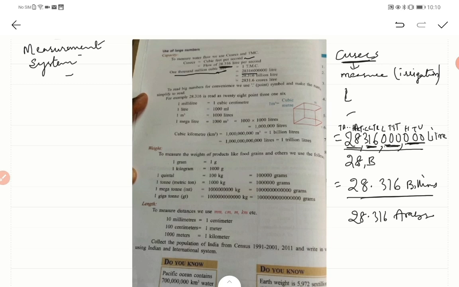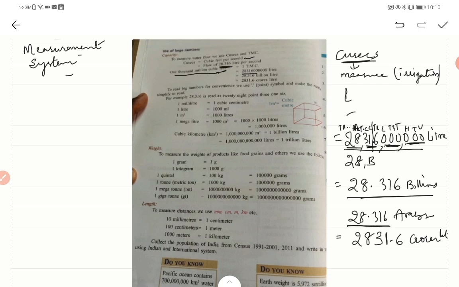Or since you generally use crores, you can write the whole thing till here as crores, isn't it? You can write this number as 2,831.6 crores of liters.